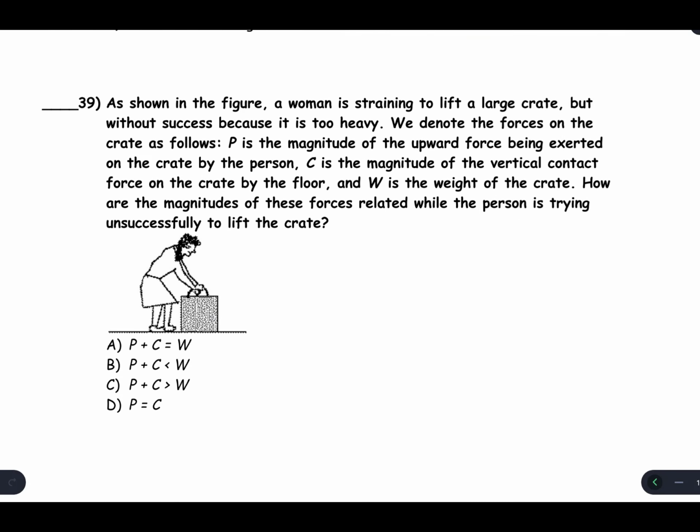Let's go down here. As shown in the figure, a woman is straining to lift a large crate, but without success because it is too heavy. We denote the forces on the crate as follows. B is the magnitude of the upward force being exerted on the crate by the woman.